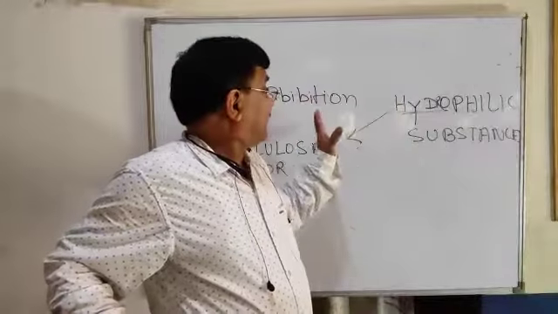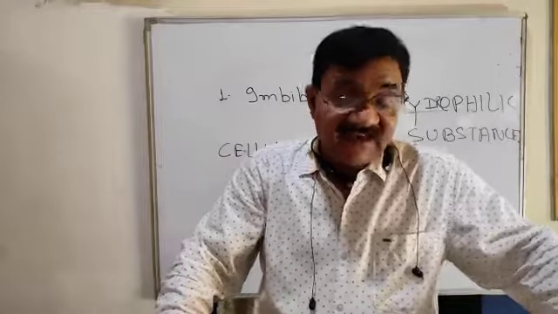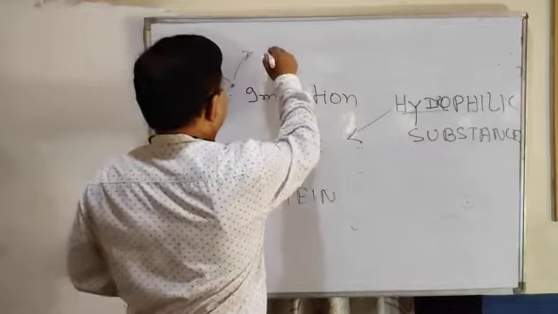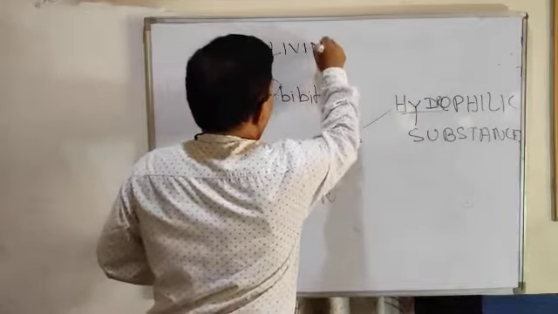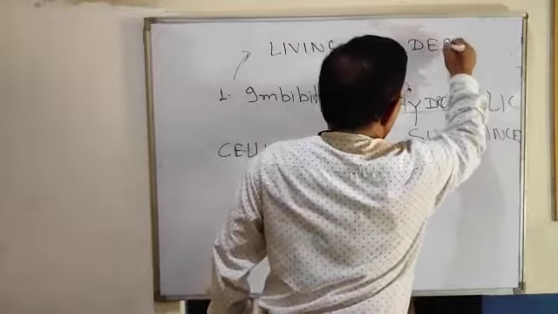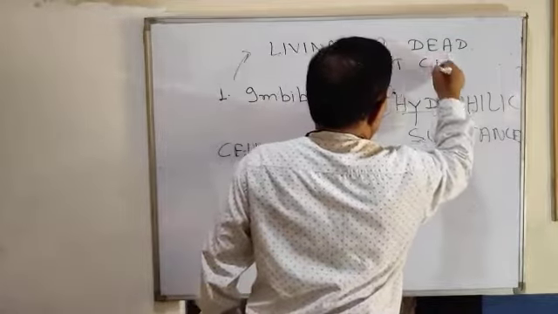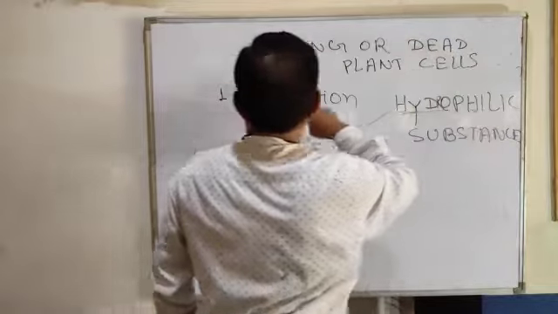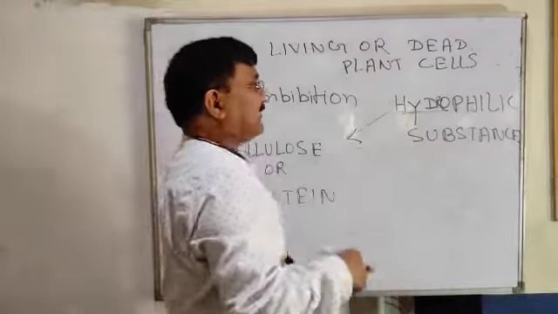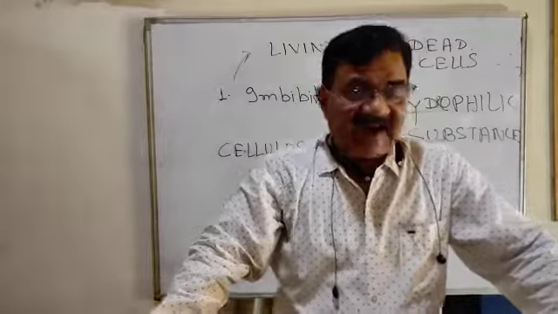So we were discussing imbibition. It is a phenomenon by which living or dead plant cells, keep this keyword in mind, living or dead plant cells, absorb water by surface attraction.